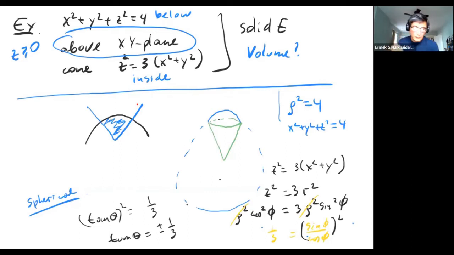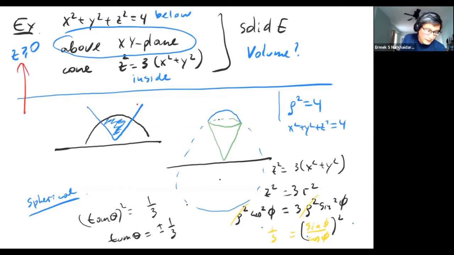Now recall that we are working above the xy plane, so we know that our angle cannot be bigger than pi over 2. So z greater or equal than 0 implies that our angle phi between the z-axis and the direction toward the point cannot be bigger than pi over 2, because we cannot cross below the xy plane.